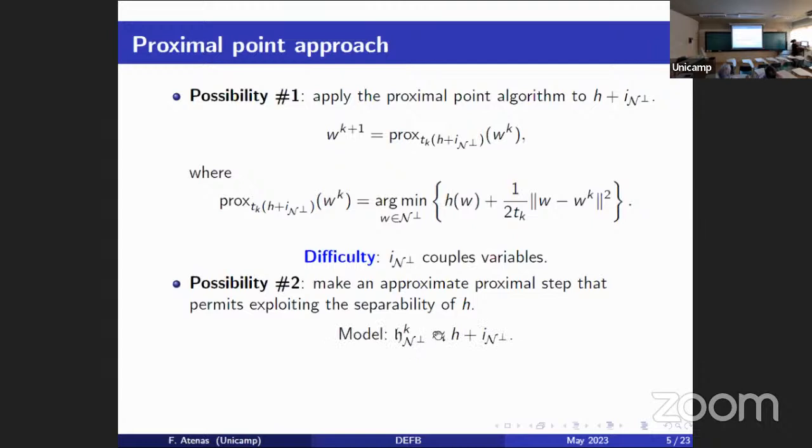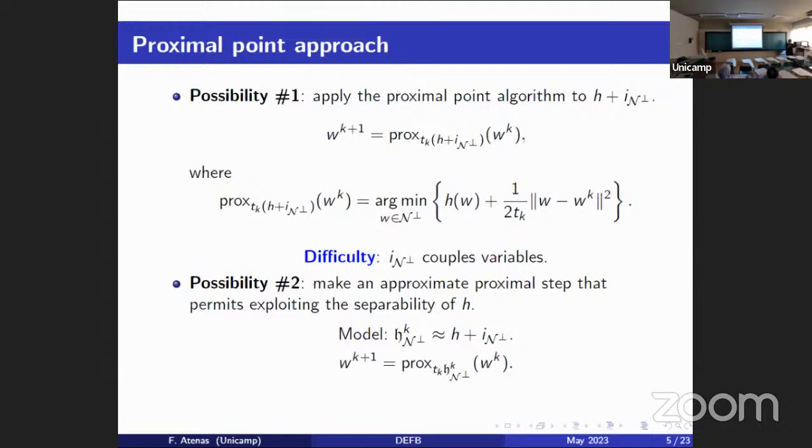So our whole approach is to use a model of h plus the indicator. Well, we actually only model the indicator, and then we make a prox step using that model. And this is roughly speaking, because we are not actually applying the proximal point algorithm in this way, but this is the main idea.